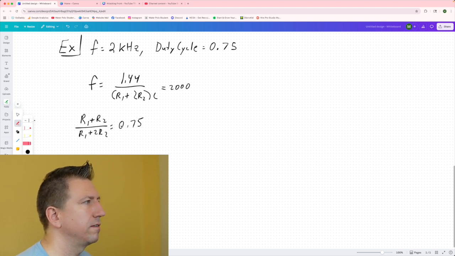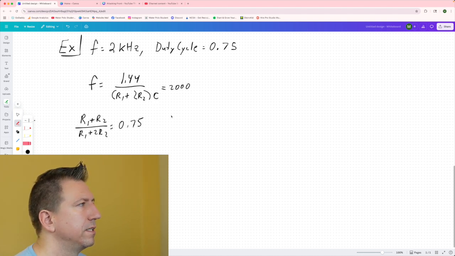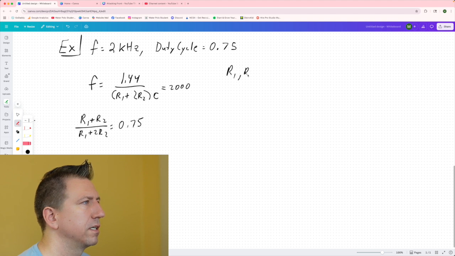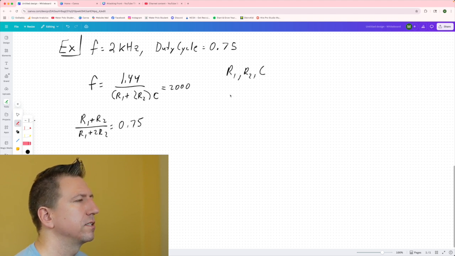Now I can solve and substitute and then solve again here, but you're always going to run into that you have two equations and three variables. What are our three variables? R1, R2, and C. And so we need to choose something.